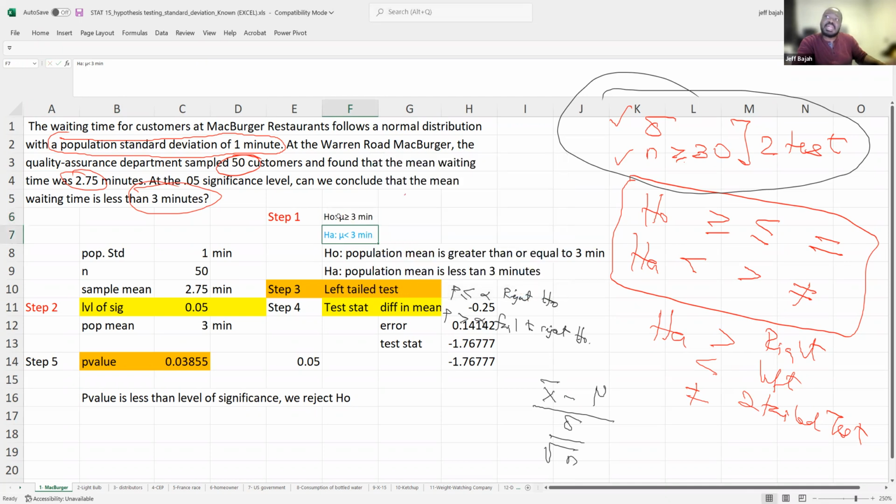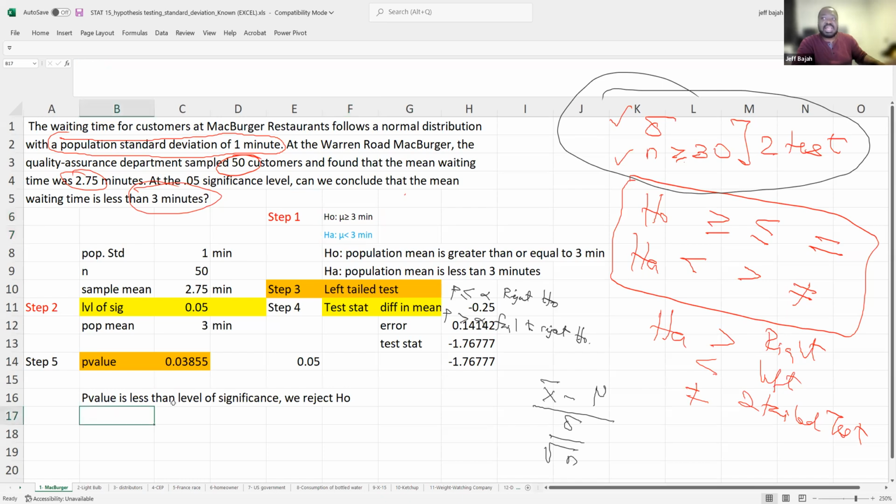So remember our H sub 0 said that the population mean is greater than or equal to 3 minutes, while H sub A said that the population mean is what? Less than 3 minutes. If we reject H sub 0, then by default, we're accepting that our population mean is what? Less than 3 minutes. That's what rejecting H sub 0 means. It means that you don't agree with this. You have enough evidence to disagree with this. And so you're going with the second one.